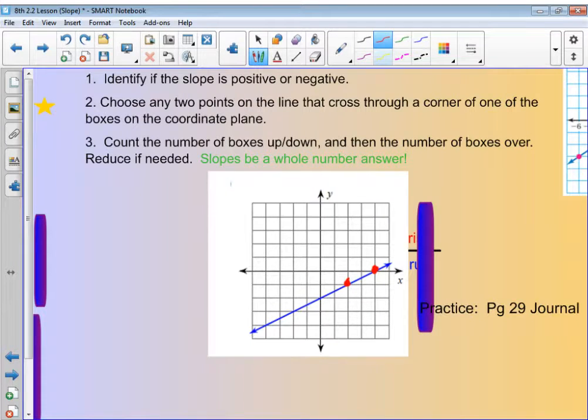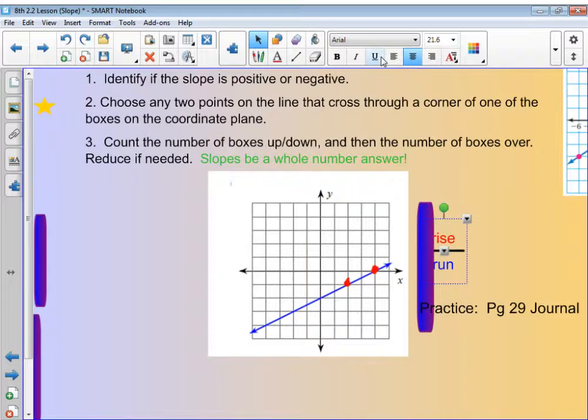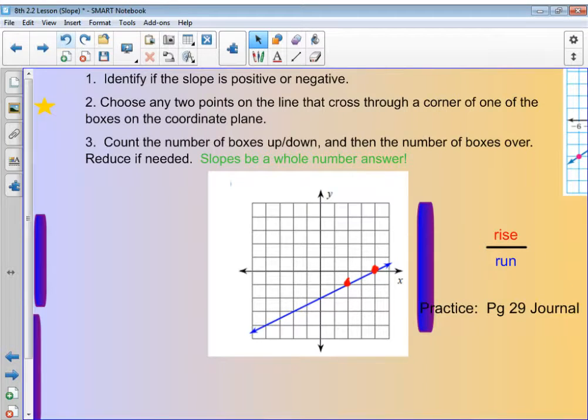So I want you to go ahead and do the rise over the run of that, and then whether it's positive or negative. You should end up with the rise being 1, so we went up 1 and over 2 boxes, so 1/2. And that's positive because that blue line is going upward from left to right.